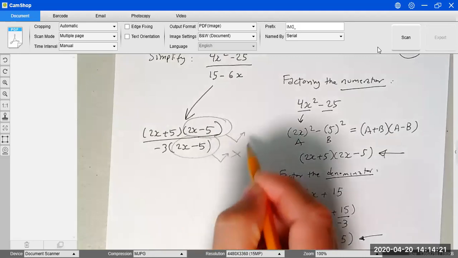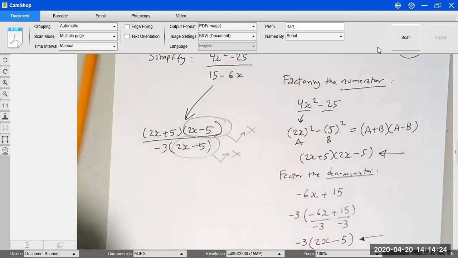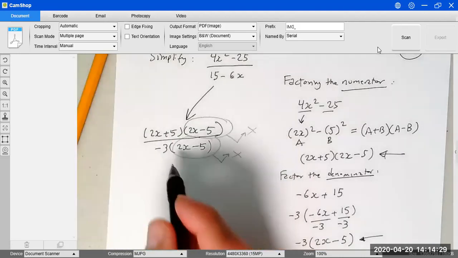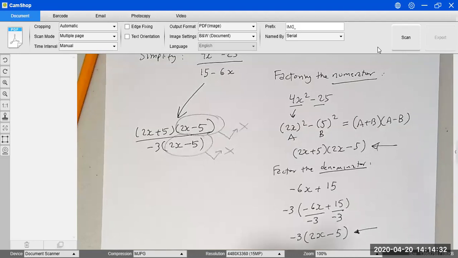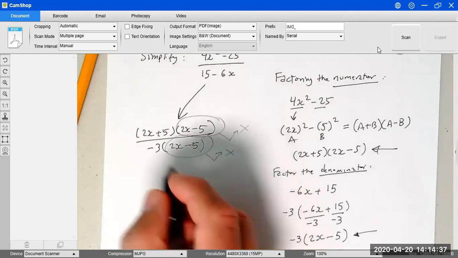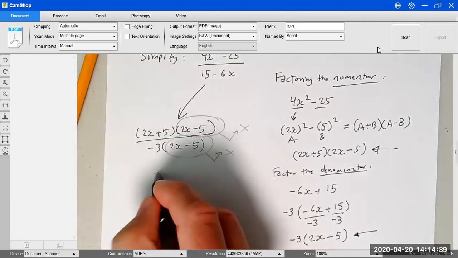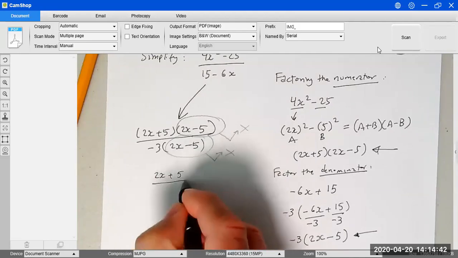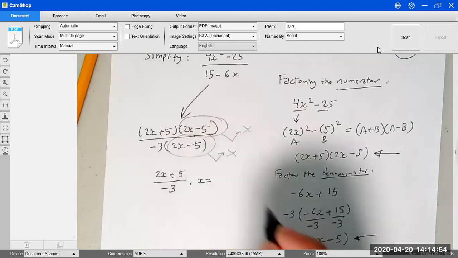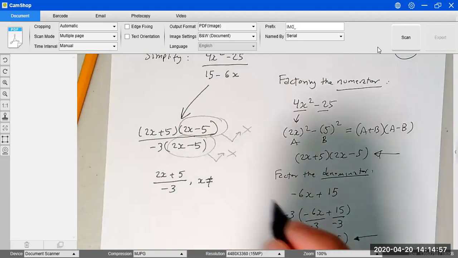These two are cancelled, so we are removing this. Remember, I'm not using diagonals to avoid confusing these terms. So the final answer is just 2x plus 5 over negative 3. There is a restriction that you need to find by solving this equation. If you do that, you're going to see that the restriction is 5 over 2.